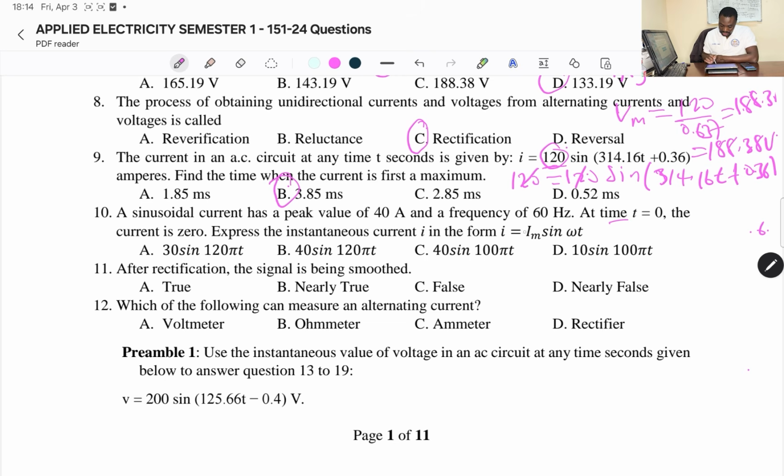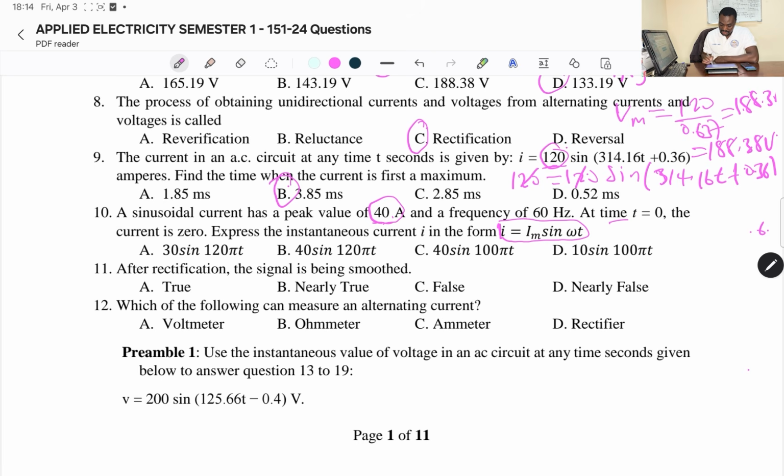Now, you can see that if you look at the alternating current here, if we are to express it in this form, we have to find the maximum current, then the angular velocity, and that will be it, right? To find the maximum current, we have already been given the peak value. The peak value is just the same as the maximum current, right? So we know that.